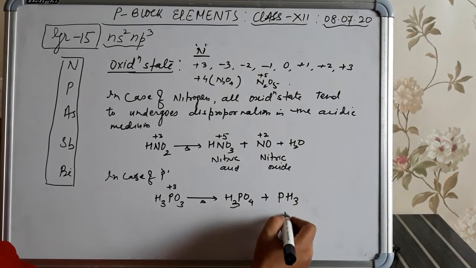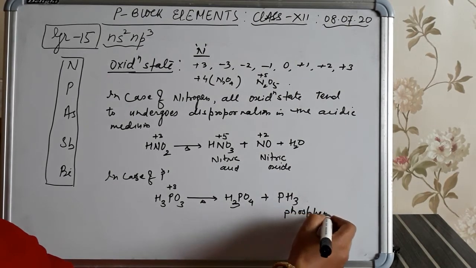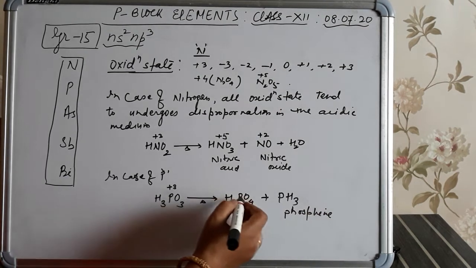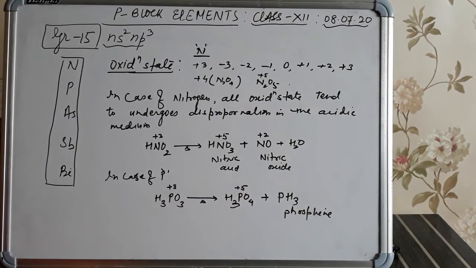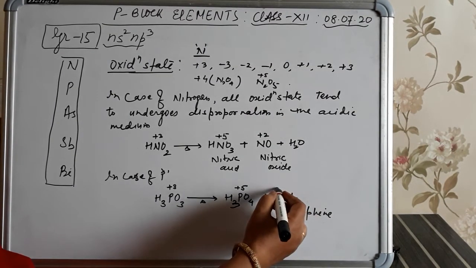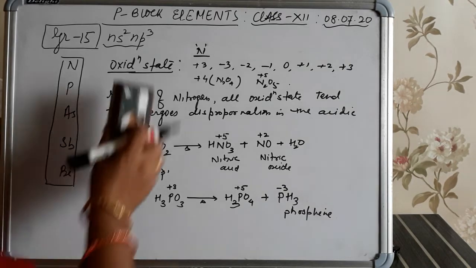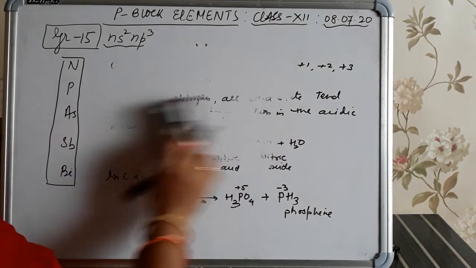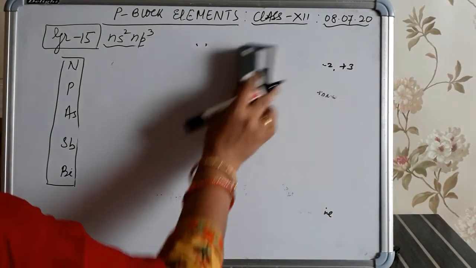It is known as phosphine gas. So here the phosphorus is present in the +5 oxidation state, but in case of phosphorus hydride or phosphine, it is present in a -3 oxidation state. Let's see the chemical property, meaning reactivity, of nitrogen with hydrogen at first.